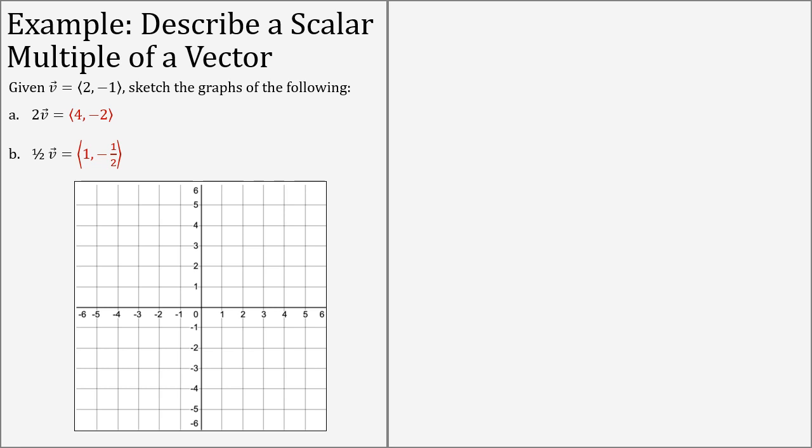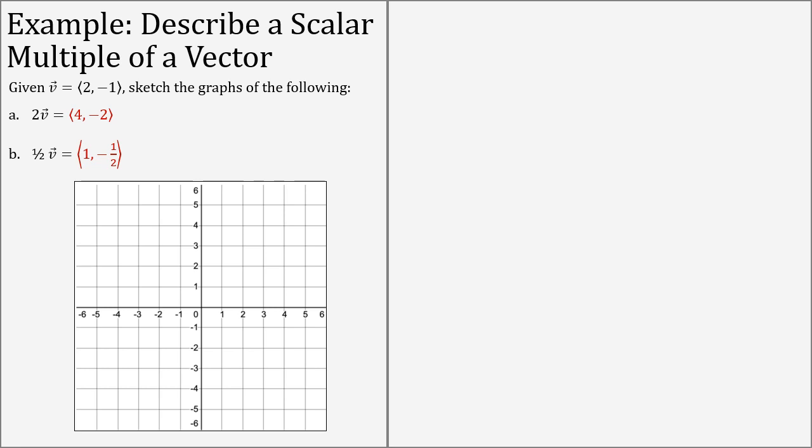All right, so in the last piece of the video, we suggested that by taking the position vector 2, comma, negative 1 and multiplying it by the scalar 2, it would double the length. All right, let's see if that's true.